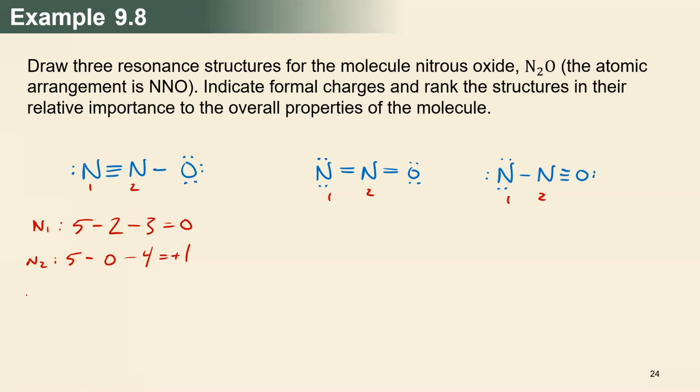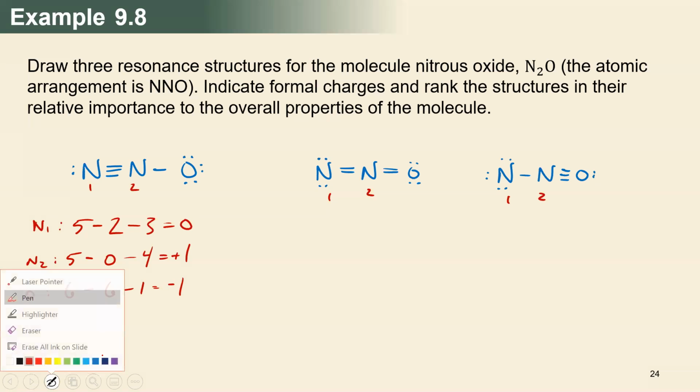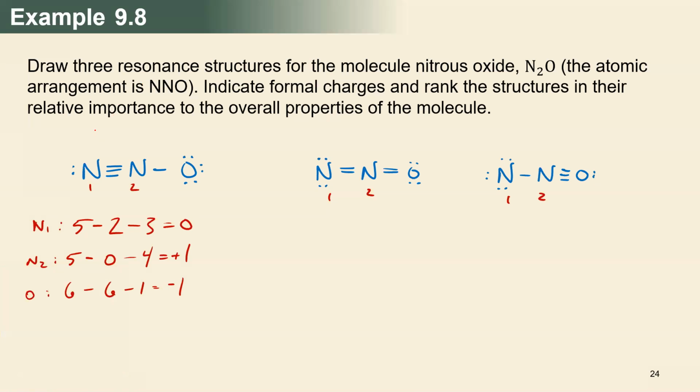That gives him a +1. And then our oxygen, we've seen this arrangement before. 6 minus 6 minus 1 gives him a -1. And so we have 0, +1, -1. Our negative charge is on the oxygen. Is oxygen more electronegative than nitrogen? Yes. And so this is actually an okay Lewis structure. Let's see if we can do better.